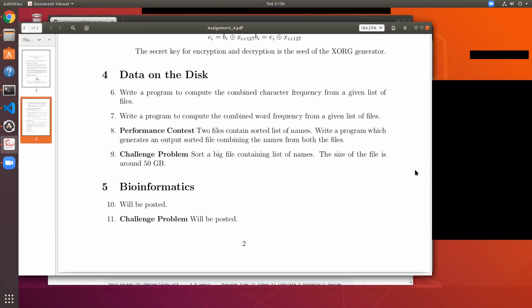And then you will get a couple of interesting problems from genome sequence analysis. Yeah, the last two problems.